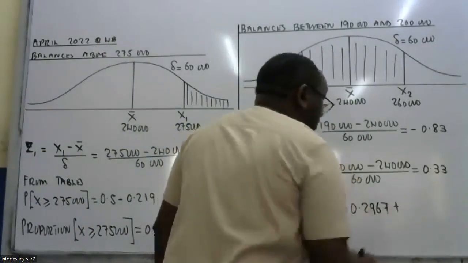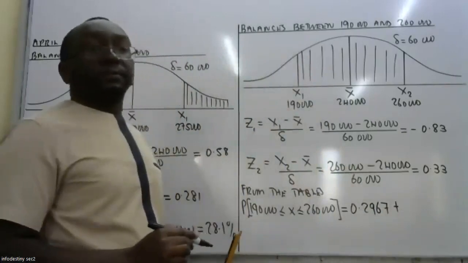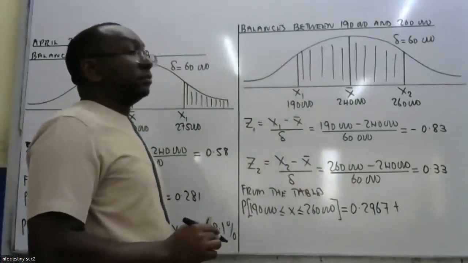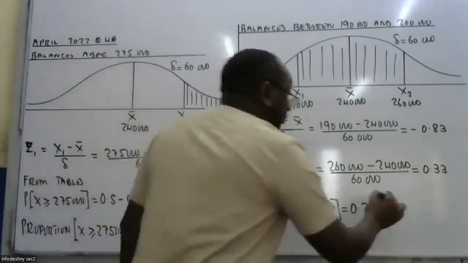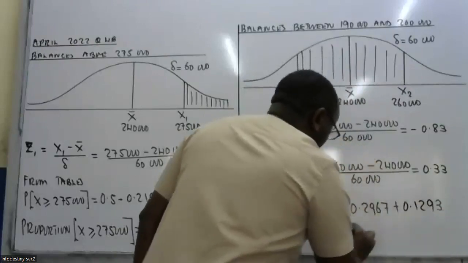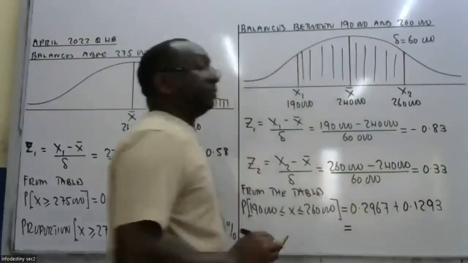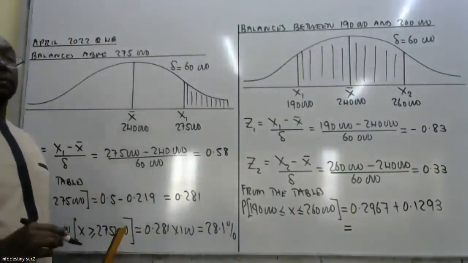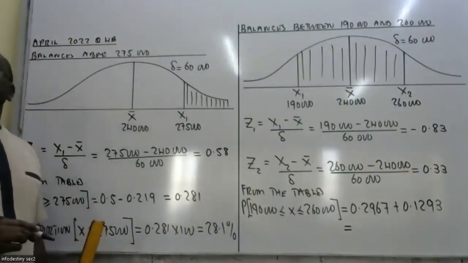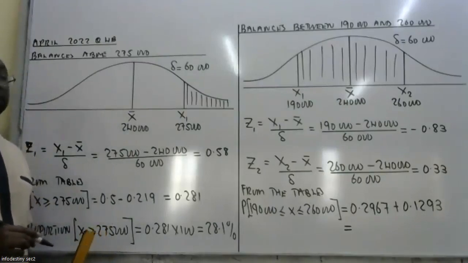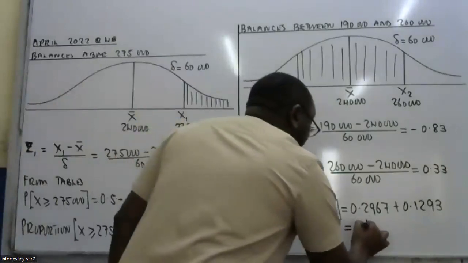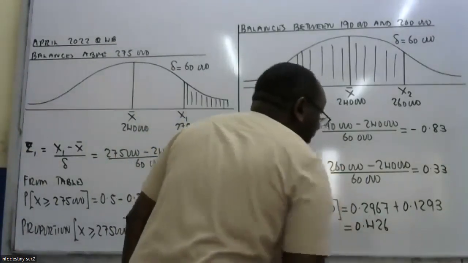0.2967 plus 0.1293. So when you add them, 0.426.